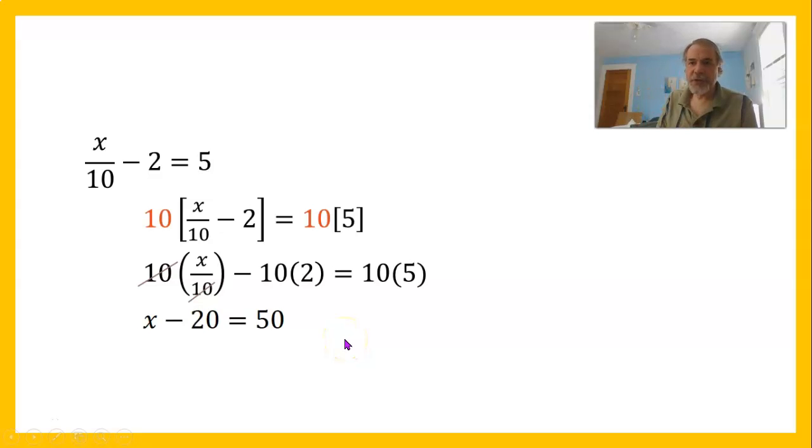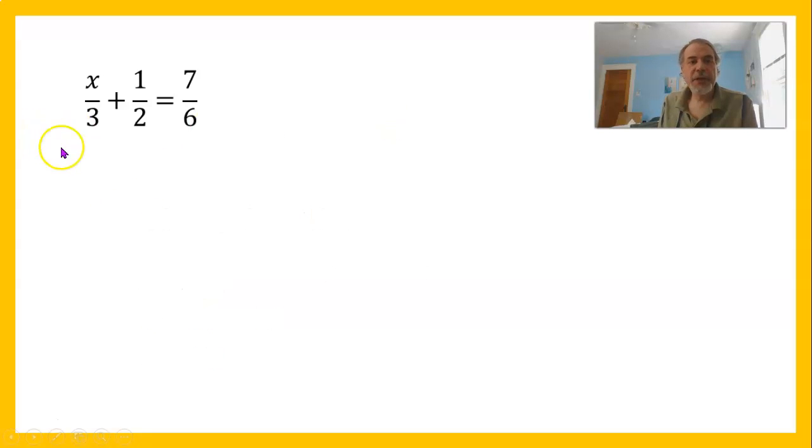And we can certainly solve that. Add 20 to both sides, and we get x equals 70. If you wanted to check that, if we put 70 in for x, 70 over 10 would be 7, and 7 minus 2 would equal 5. It works.